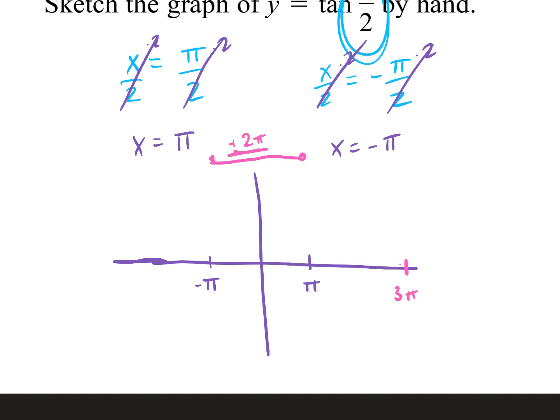So we're adding this 2 pi, the distance between our 2 main asymptotes. Then I'm going to subtract it from the one on the left to find what our other asymptote is out on the left here. So what's negative pi minus 2 pi? Negative 3 pi. So now these are our asymptotes. I'm going to draw a dotted line through each of these. Make sure you show your asymptote.